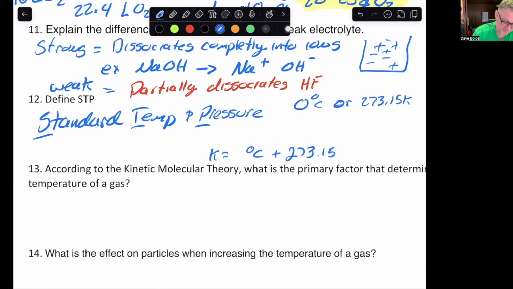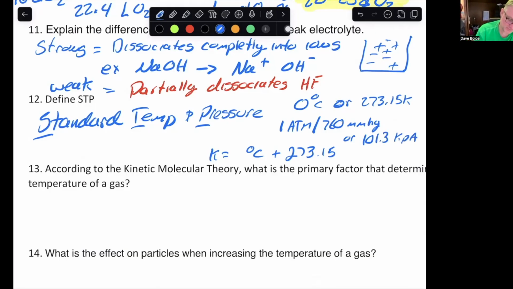Okay, so that's our standard temperature, and our standard pressure is going to be 1 atm, which is also equal to 760 mmHg, or 101.3 kPa.